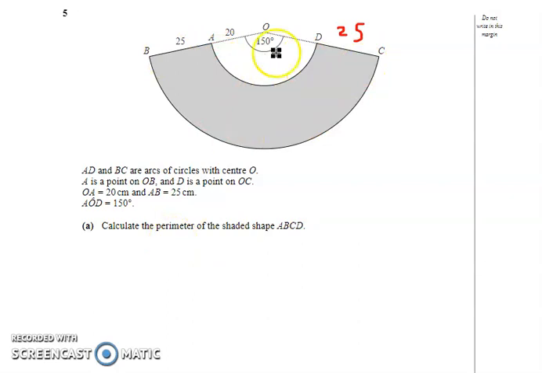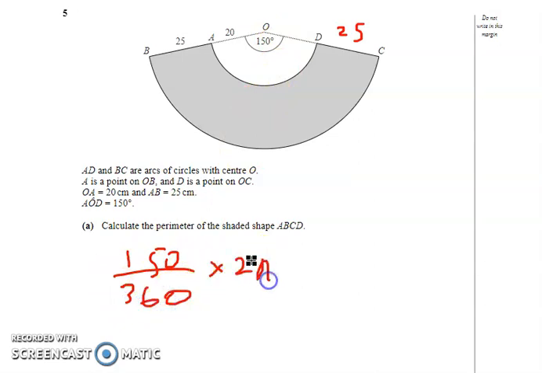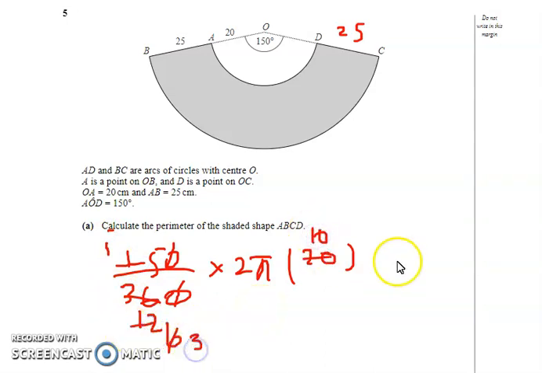So how will we find the length of arc AD? That is 150 upon 360 multiplied by 2 pi r. What is my r? R is 20, right? So this will be cancelled. 5, 12, 10, 6, 3, 5.